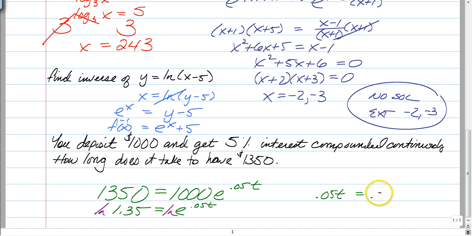And then all you have to do is divide both sides by 0.05, and that's going to give you t of approximately 6 years. Alrighty, so it takes about 6 years to turn $1,000 into $1,350 if you have 5% interest compounded continuously.